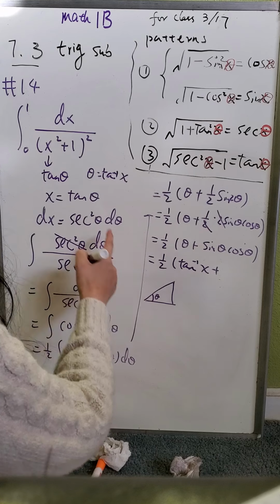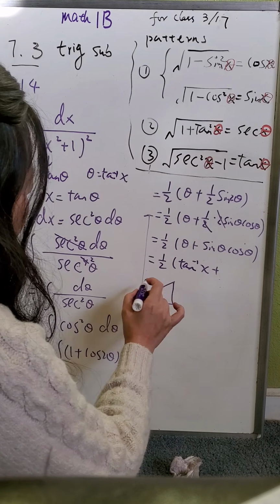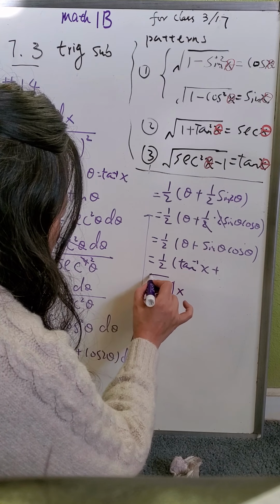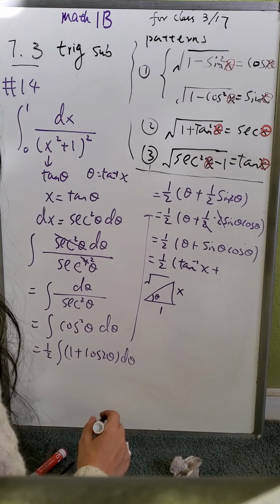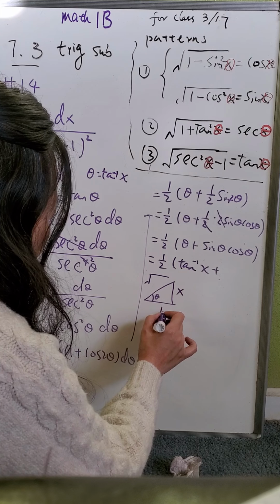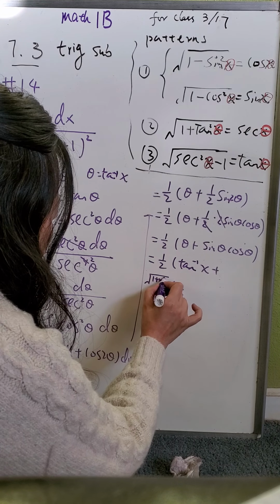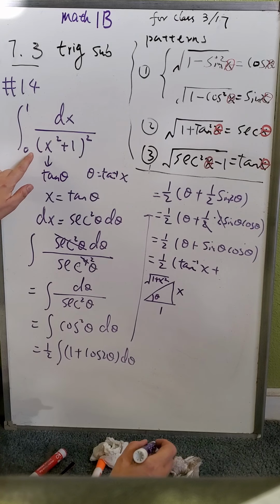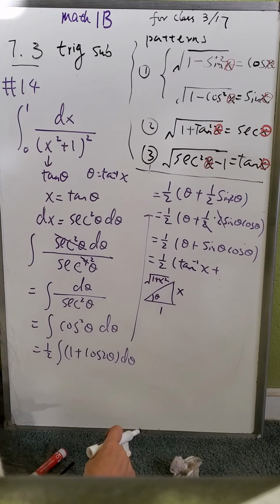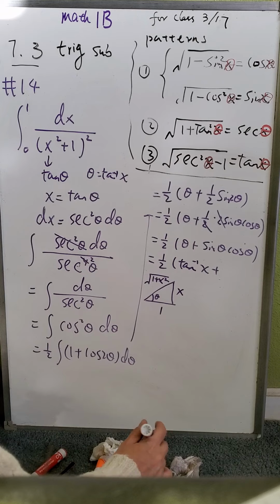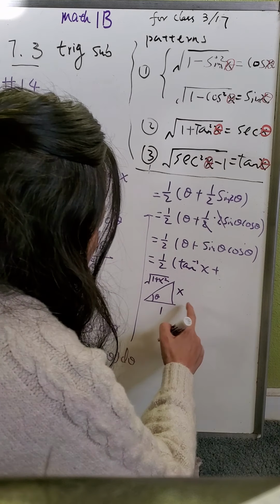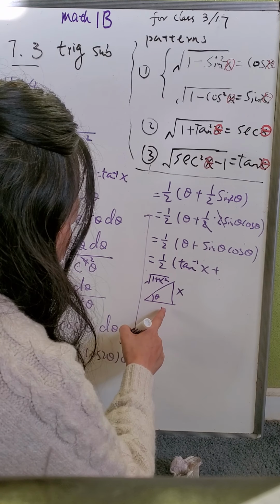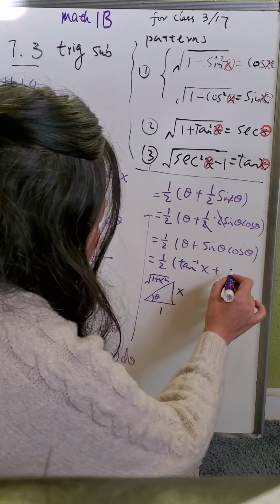Opposite to adjacent, so that tangent theta equal x, so this is x and 1. And that will be square root of 1 squared plus x squared. Okay, because tangent theta equal to x. And so from this little triangle, I know sine theta equal to opposite to hypotenuse.